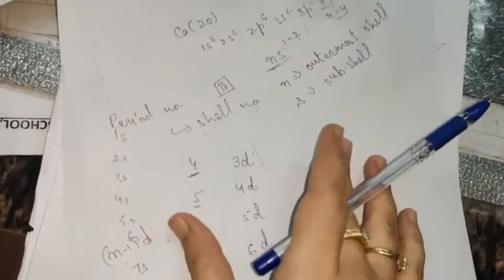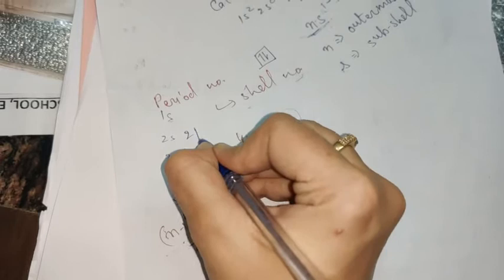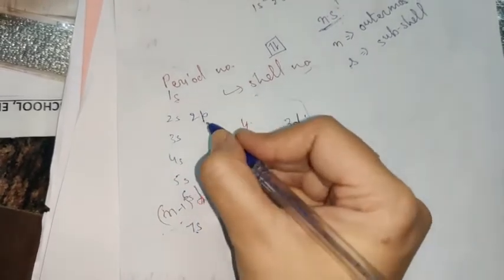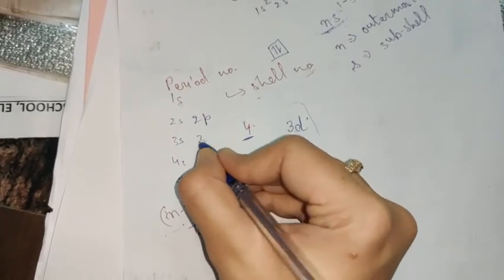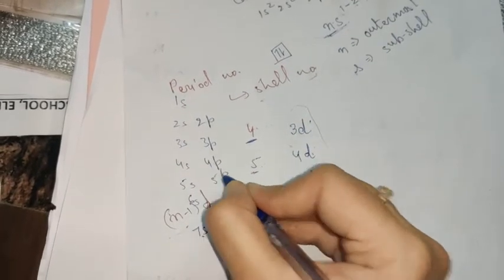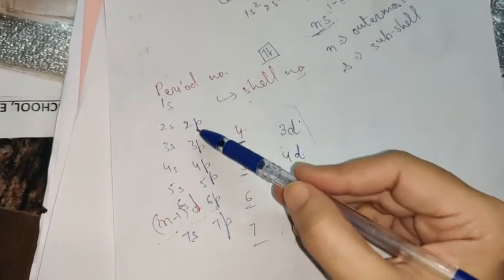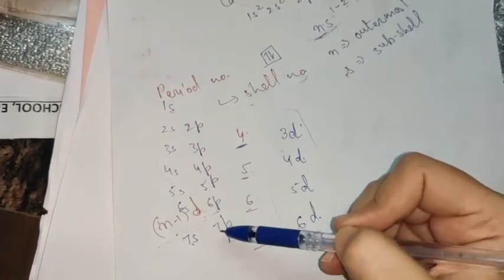So again, when you recall the Aufbau principle, the p subshell is starting from 2p, then we have 3p, 4p, 5p, 6p and 7p. So p involves periods 2 to 7.